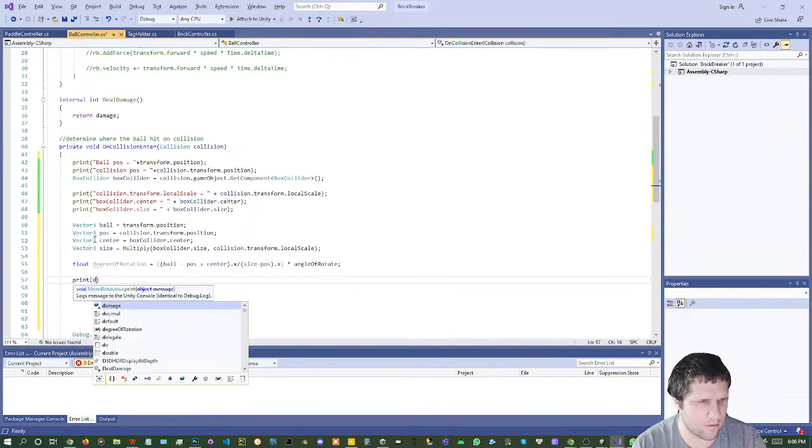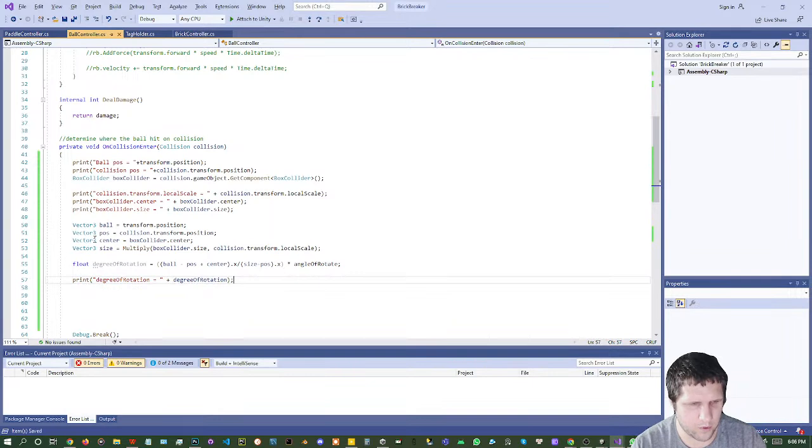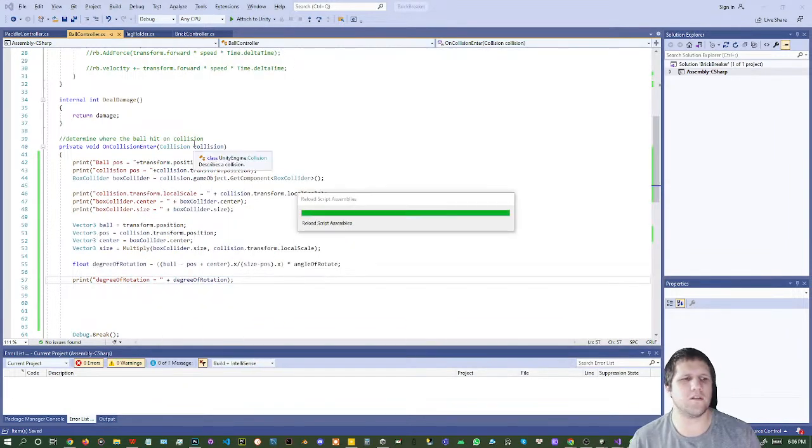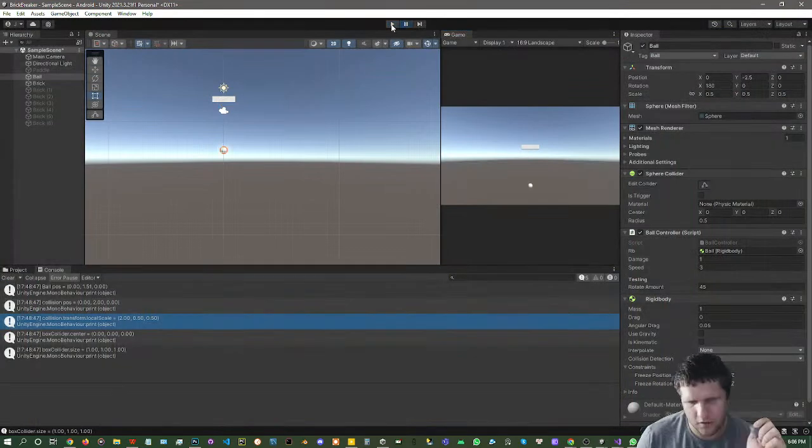And then let's print degree of rotation equals plus. And what does this give us? So we expect it to give us about 22.5.